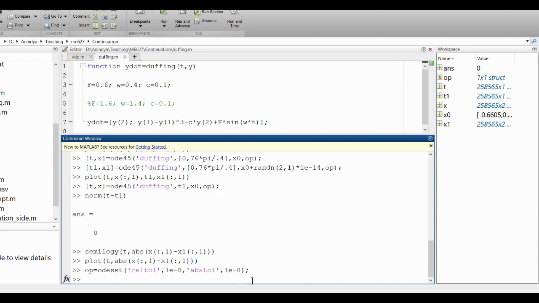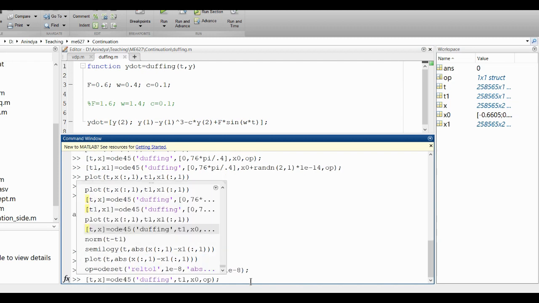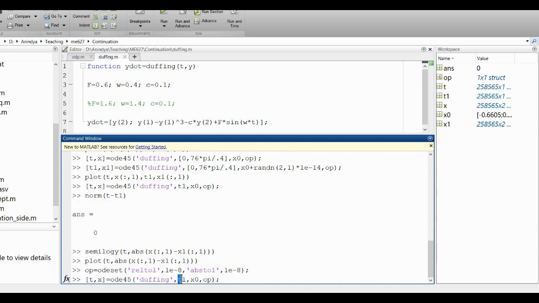Okay, and then what I will do here is start with x0, there is no problem. Over here, this will be linspace 0, let us say 100. 100 is too small, but that's all we have time for over here.